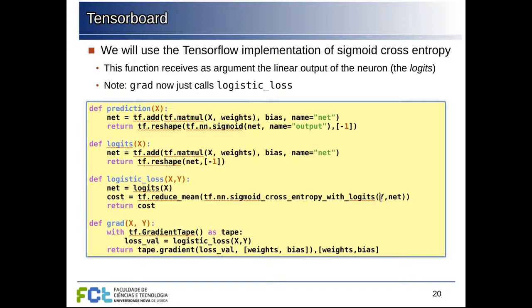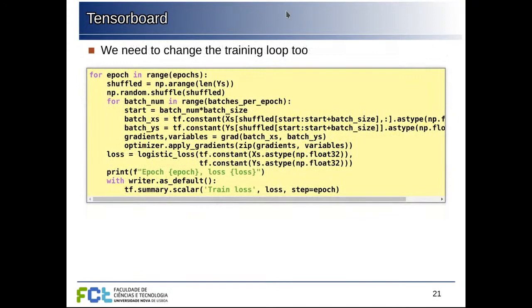We just input the labels and the logits for the prediction, so before the sigmoid activation function, and it will give us a vector with all the sigmoid cross entropy, and then we compute the mean for that and return that. So now we can experiment, run our code.